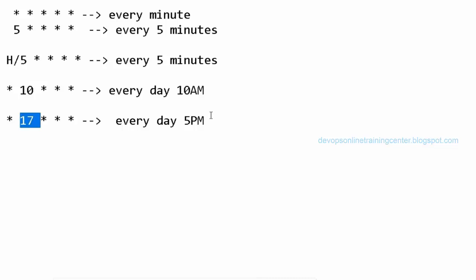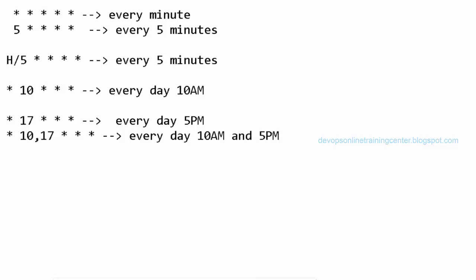Or let us say I want to run with star 10, comma 17, star star star. This will run every day at 10 a.m. and 5 p.m. So this way we can schedule the jobs based on the requirement.